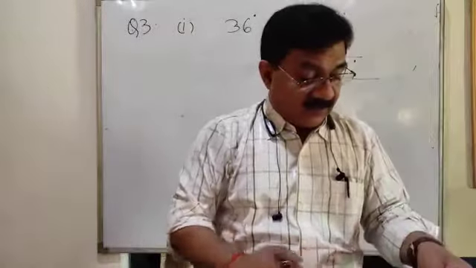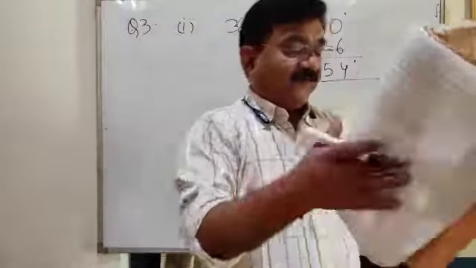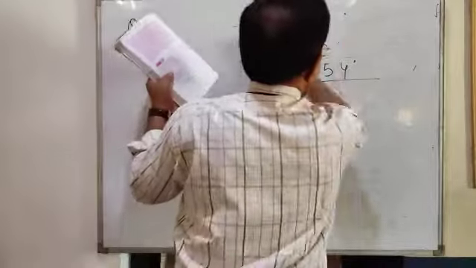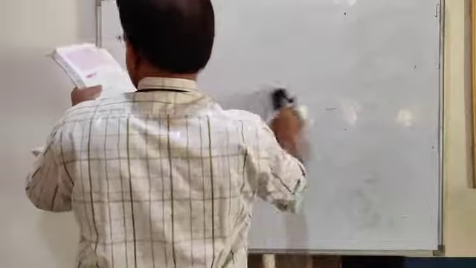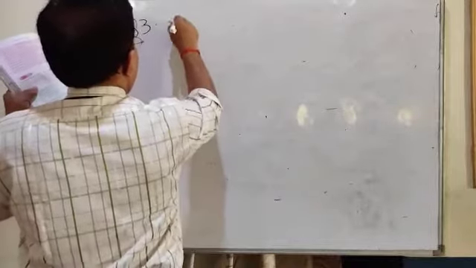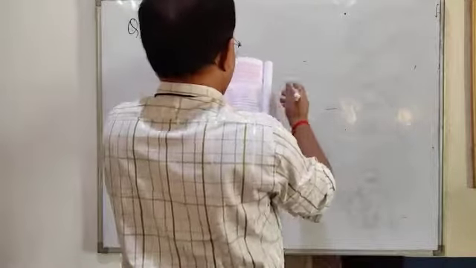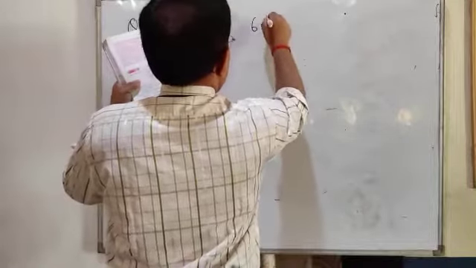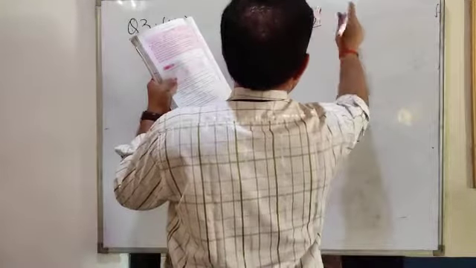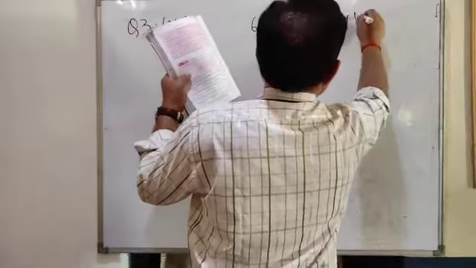But when I ask you to find the complement of such a type of question, let us see question number 3, part 7. Find the complement of 65 degrees, 22 minutes and 44 seconds.